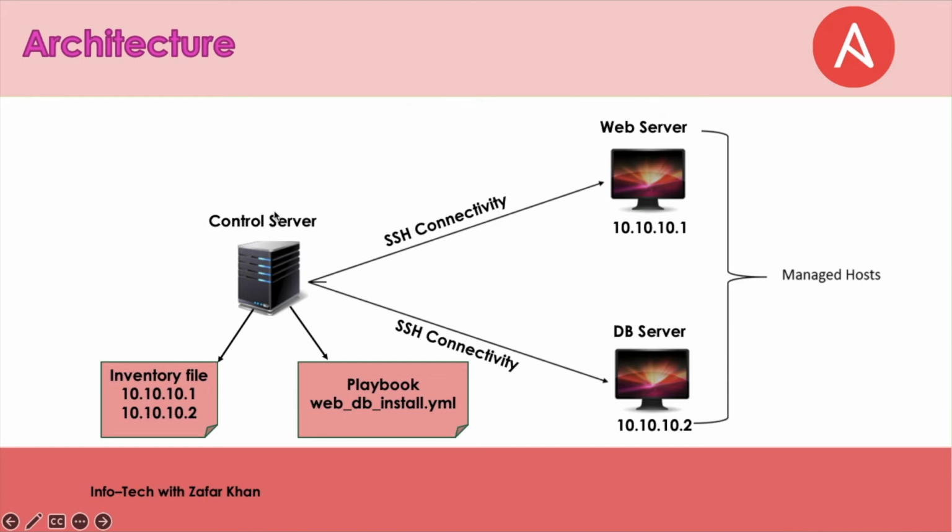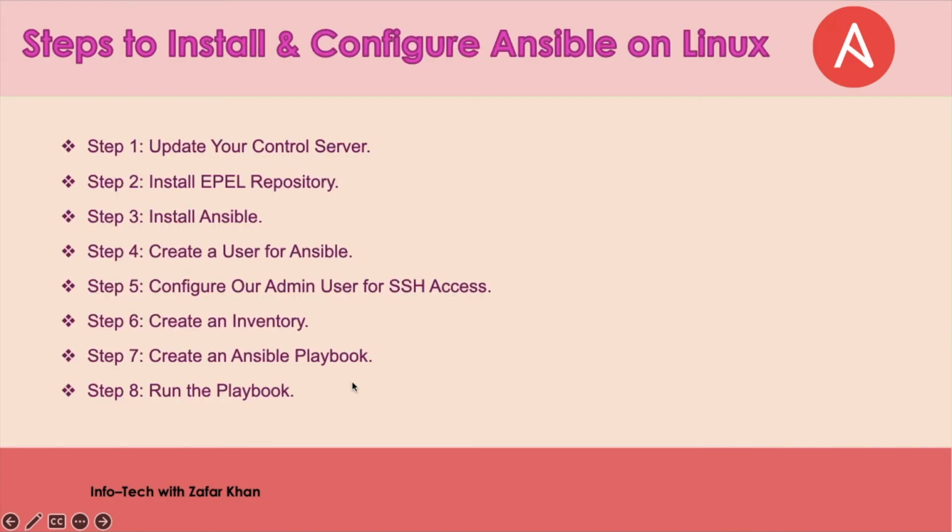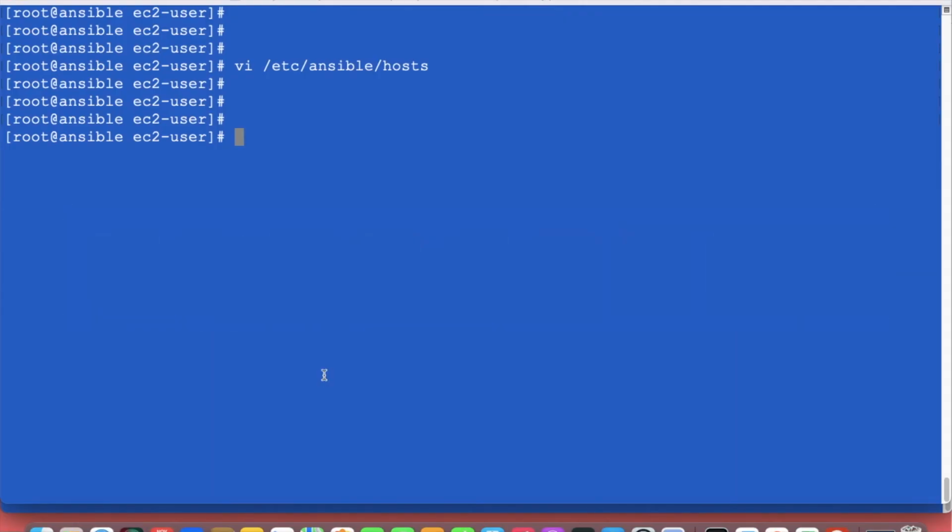Okay, what next? In the control server we have put the entry of the IP address of the web server as well as the database server in the inventory file. Now we'll write the playbook. Create the Ansible playbook, and finally we will run the playbook. It will take time, but I have written the playbook.